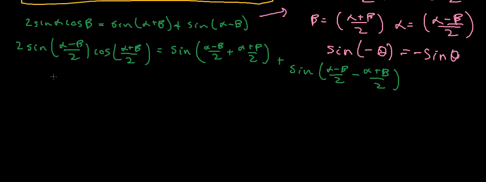So this is just going to be sine alpha, since beta is eliminated, and now minus sine beta. Or I could just do plus sine minus beta, but whatever, it's the same thing.